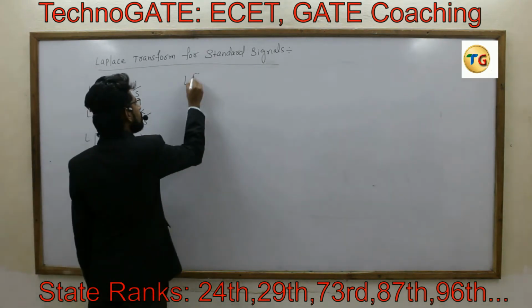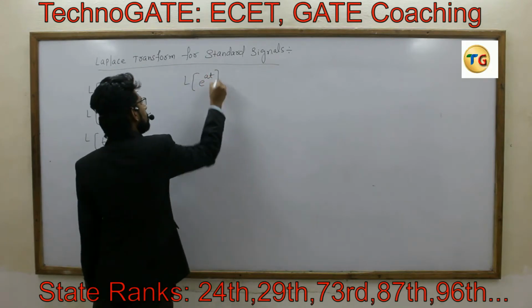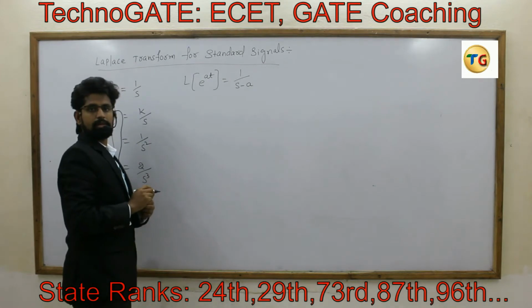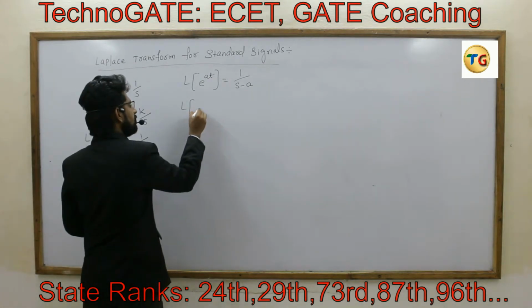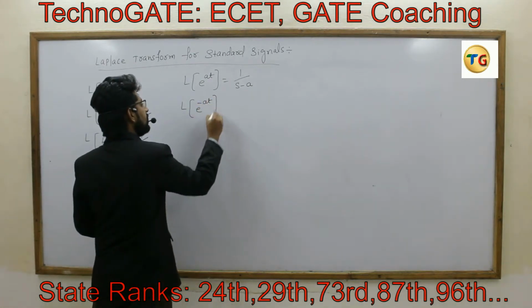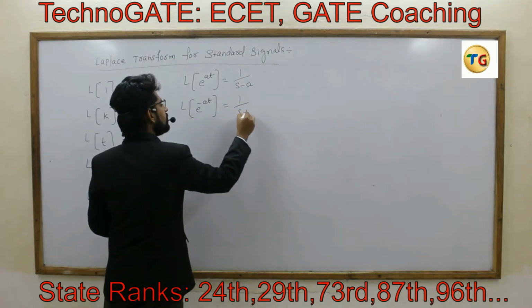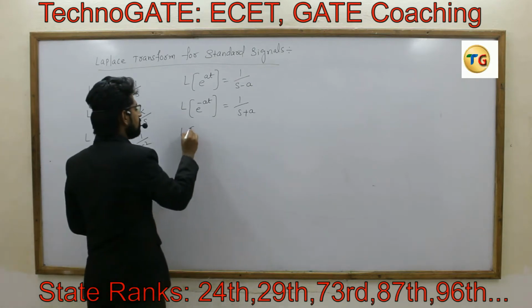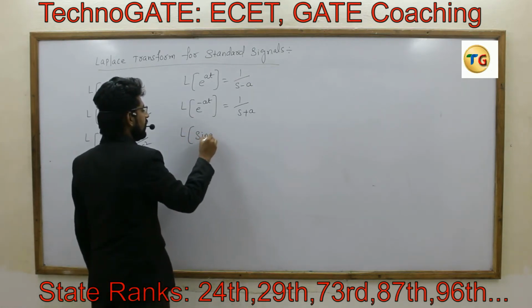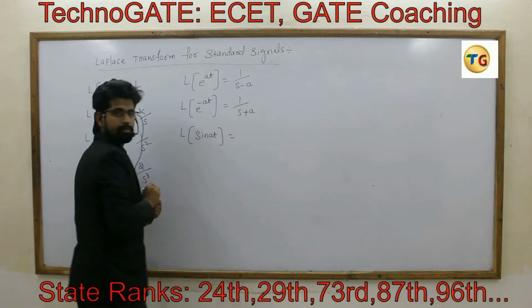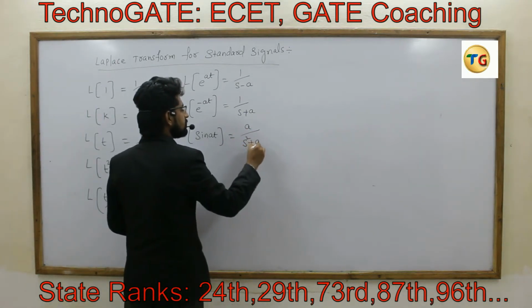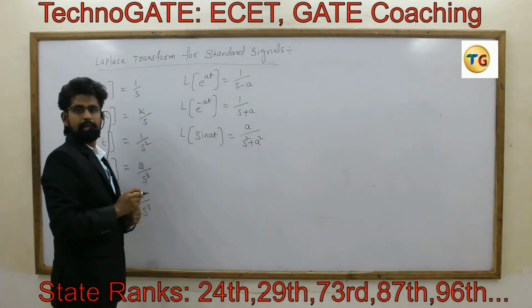Laplace transform of e power at is 1 by s minus a. Laplace transform of e power minus at is 1 by s plus a. Laplace transform of sin at is equal to a by s square plus a square.